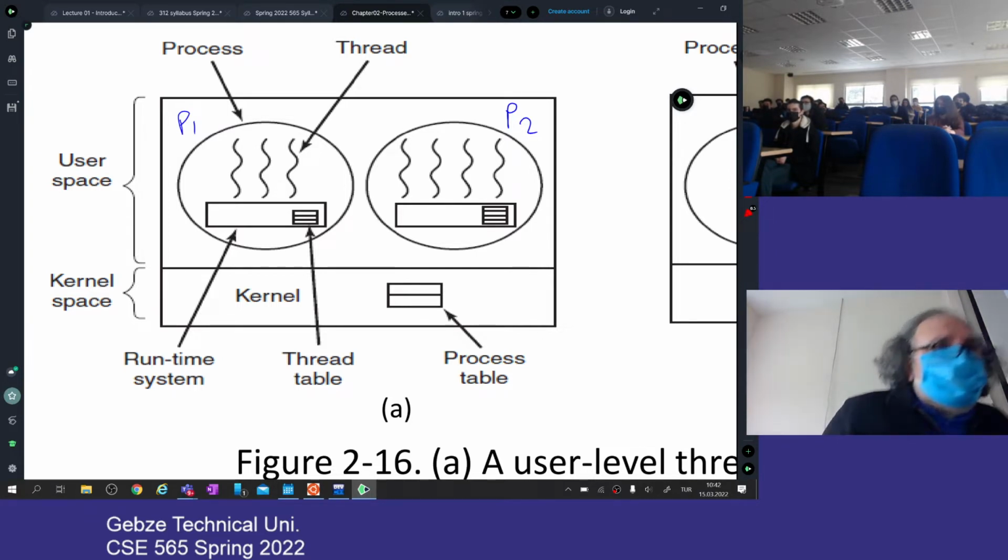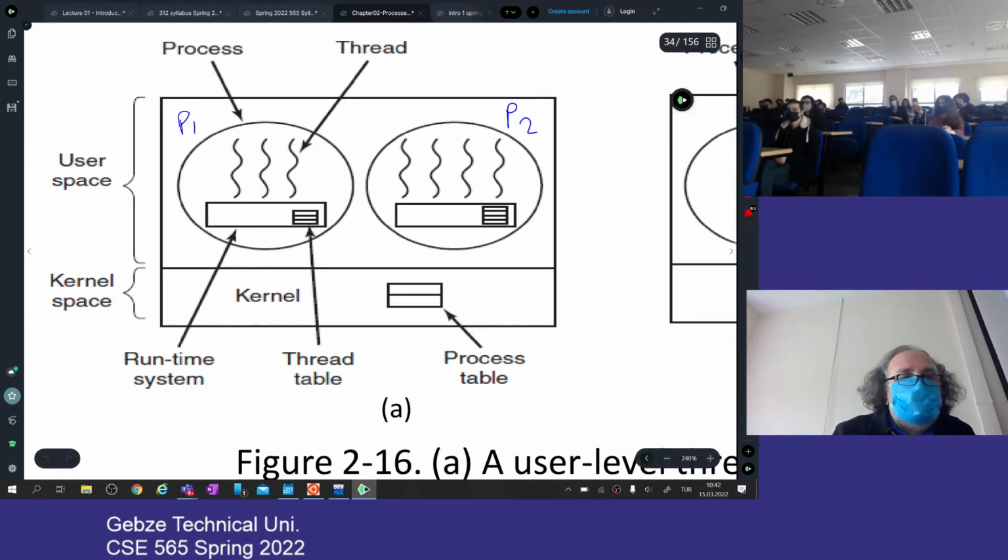The operating system used to do these kinds of things for me, for the processes. Now I am saying that I am going to do this process creation, process termination, process scheduling inside this process, and the kernel will think that I have a single process, and I am doing something inside my process. It doesn't matter what I am doing for the kernel.